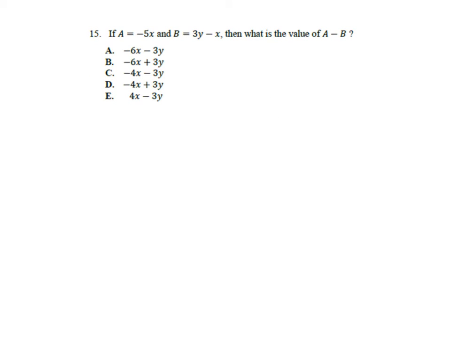Again, another example where they give me an A and a B, and they want me to just plug these in. So I'm taking this negative 5x, putting it where A is. Then I have a minus. I'm taking this 3y minus x and putting it where B is.